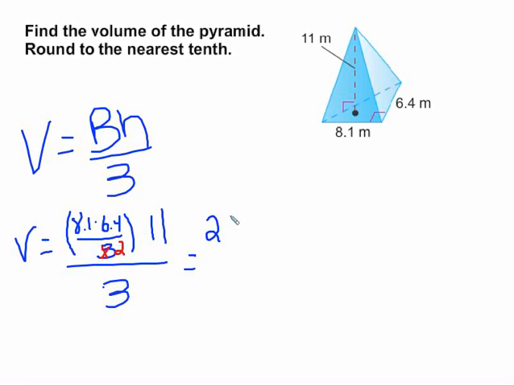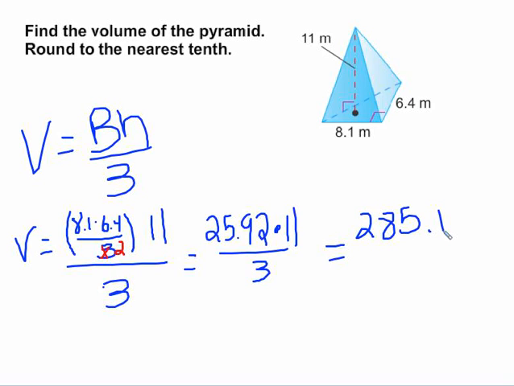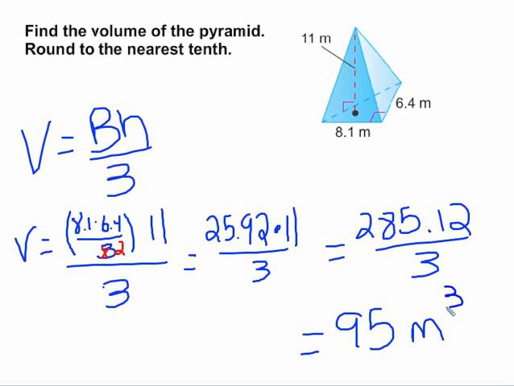That's 25.92 multiplied by 11, all divided by 3. Well, 25.92 multiplied by 11 is 285.12. Divide that by 3. Our final answer is 95.04, so that rounds to 95 cubic meters.